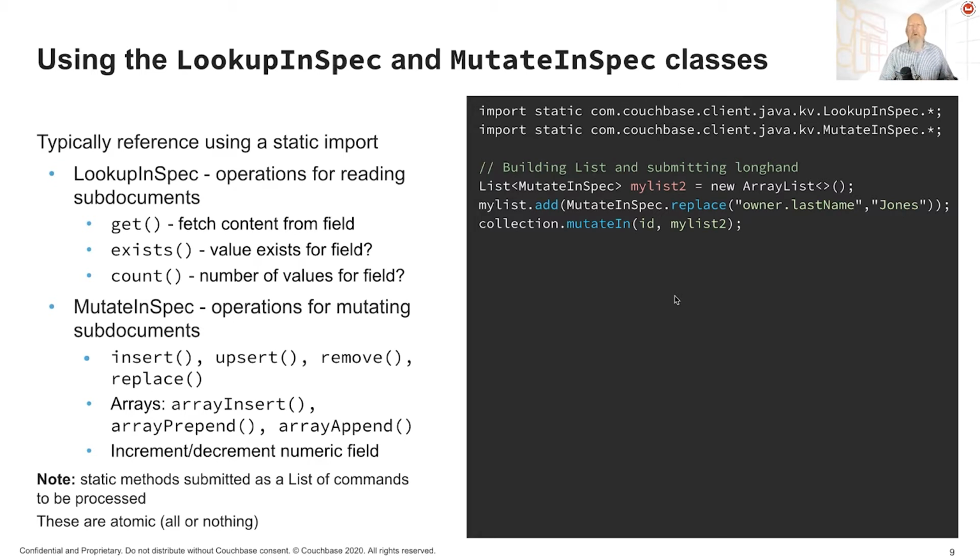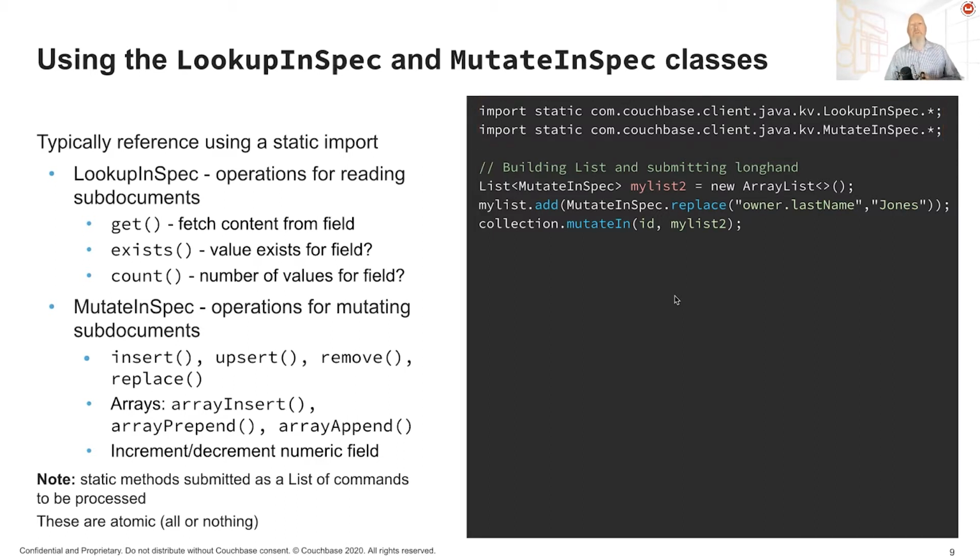And you'll see in the corresponding code we have on the right that we've essentially taken the liberty of performing static imports to just bring in all of those operation definitions, by doing a static import of everything in LookupInSpec.star and MutateInSpec.star. So that basically imports all of those static methods. And we'll see later that this actually simplifies how we will build our various operation definitions.